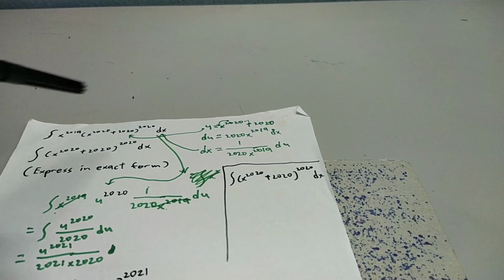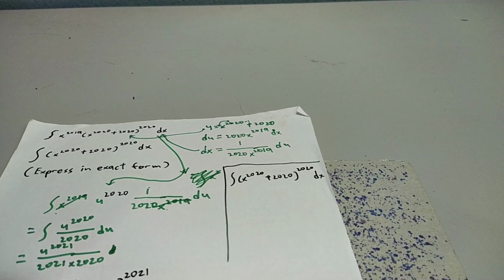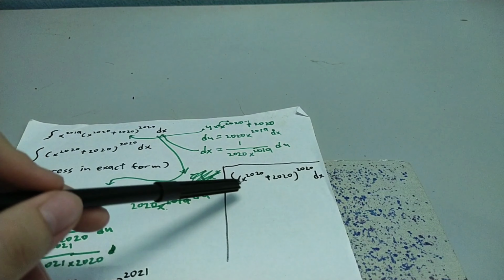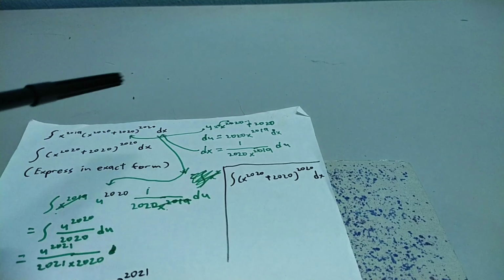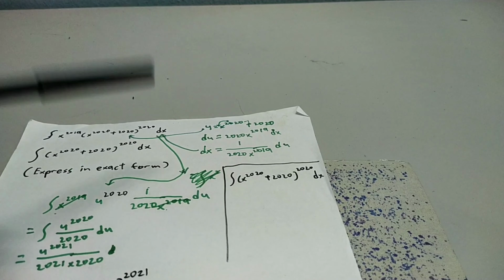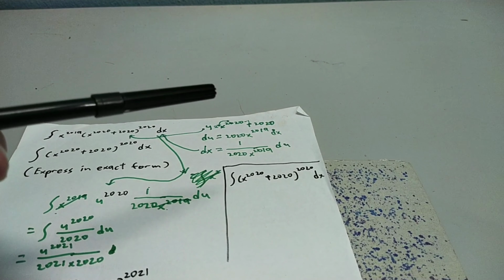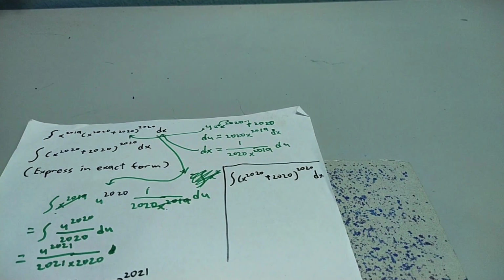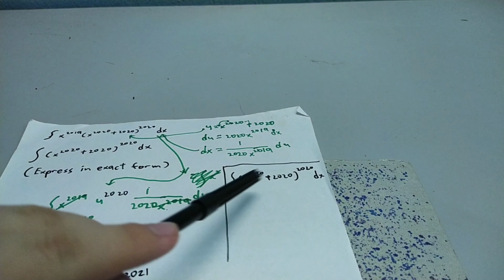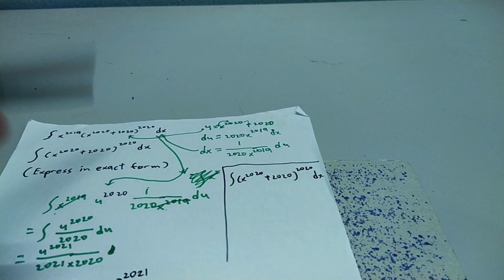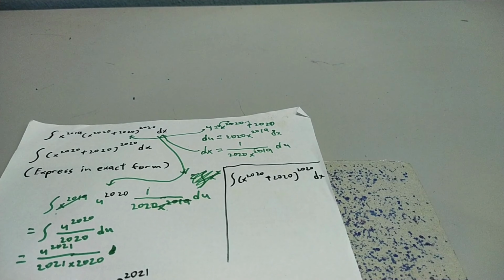Okay, now let's do the second question. As we can see, when we compare this integral to the first integral, there is no derivative factor. And in fact, in this kind of situation, for this integral, we have no choice but to expand.